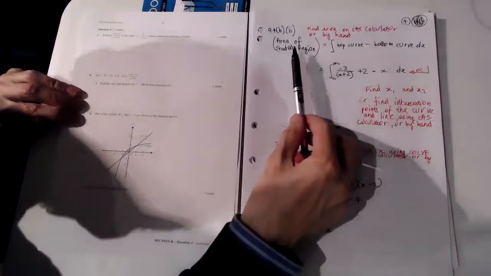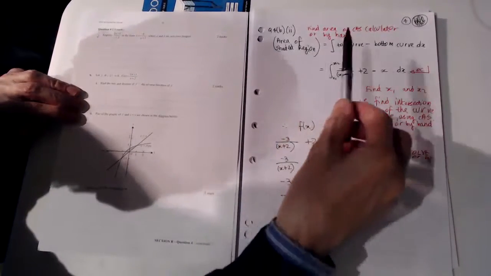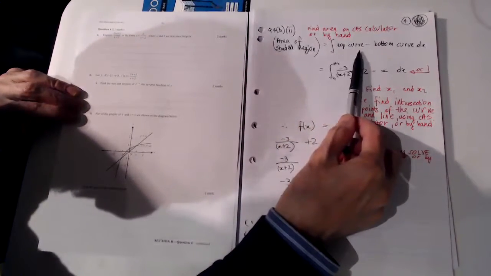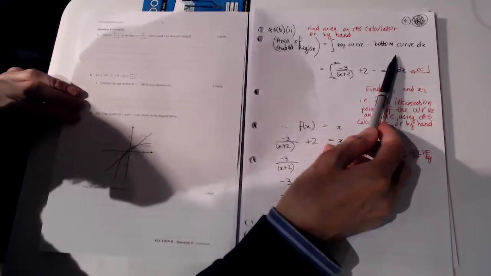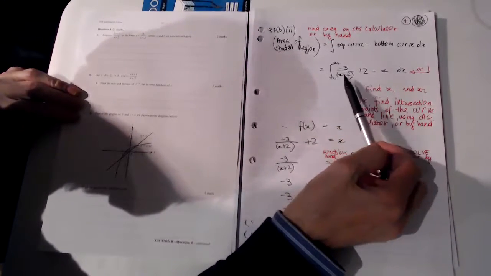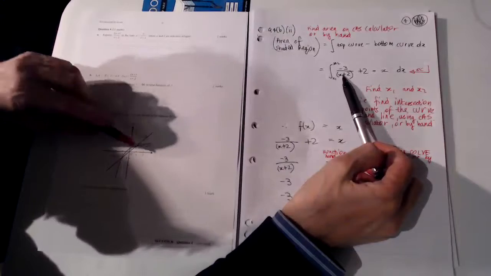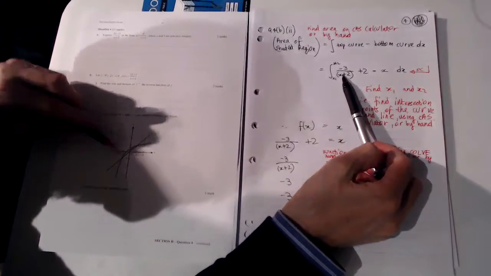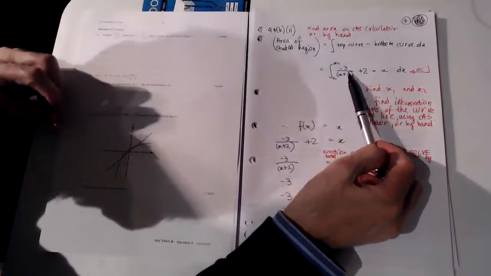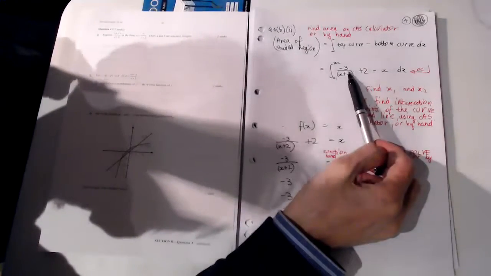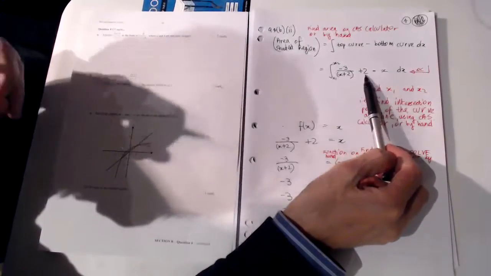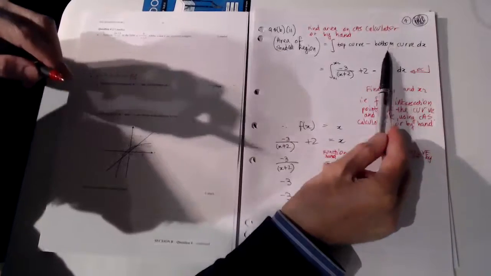Like you know, the area of the shaded region equals the integral of the top curve minus the bottom curve. So that's equal to the integral of the top curve, which here is f, and the equation of f, like we saw before, was -3 on x plus 2, plus 2, minus the bottom curve.